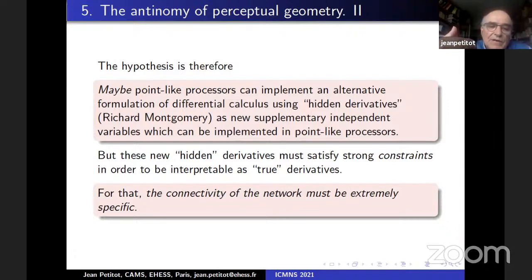So these new hidden derivatives must satisfy very strong constraints in order to be interpretable as true derivatives. And for that, the connectivity of the network must be extremely specific.